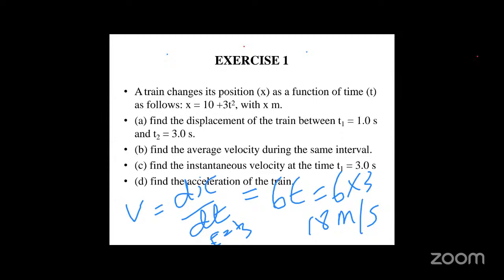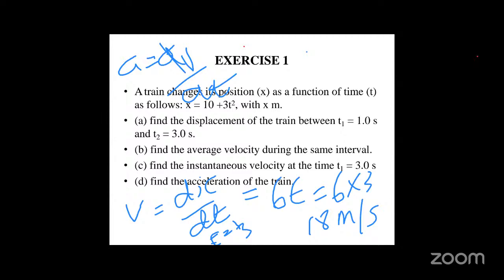And finally, D, we are asked to find the acceleration of the train. So A is equal to dV over dt.